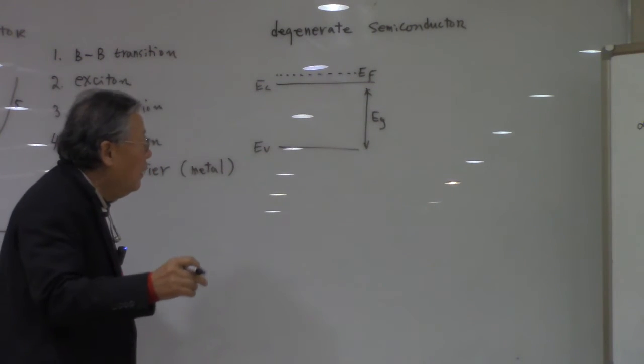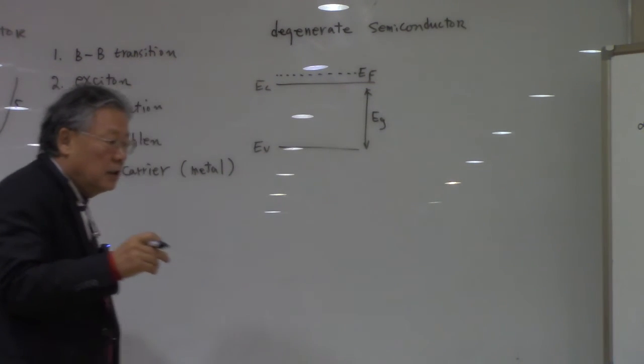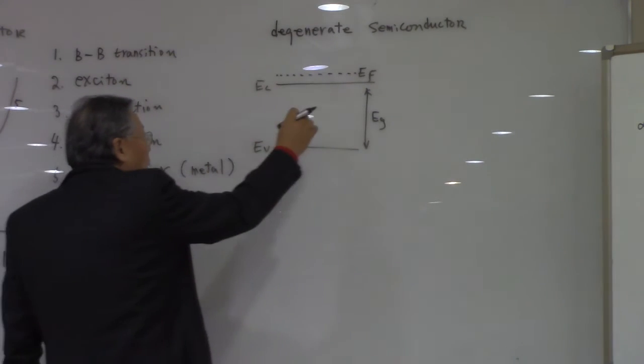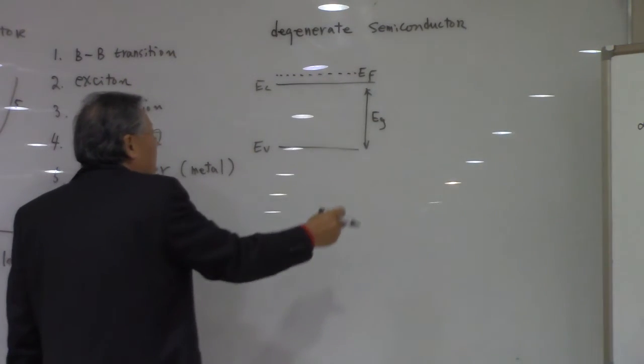In a metal, the Fermi energy can be defined as the energy that free electrons can have, the maximum energy. That is the Fermi energy in the metal. But in a semiconductor, the Fermi energy can be defined as the half probability of occupancy for the electrons. That is the definition of Fermi energy in the semiconductors.